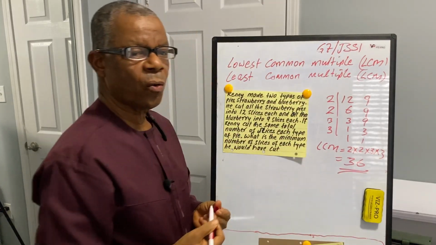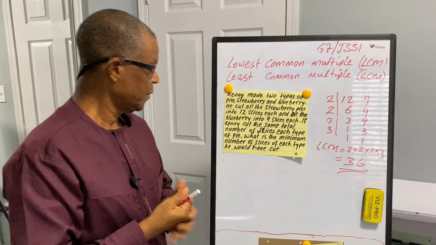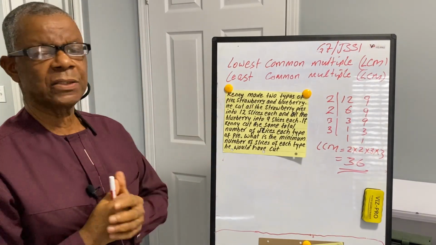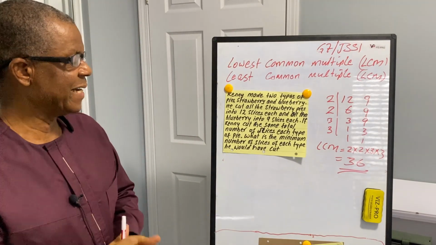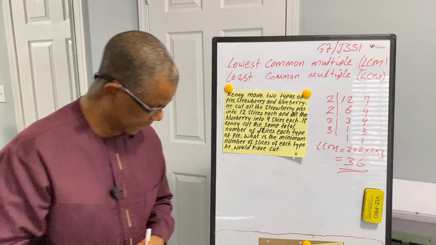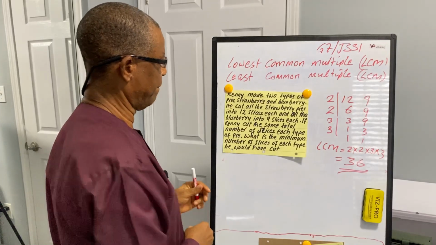That will be the lowest, or the minimum, or the least number of slices of each type Kenny will cut. This is our LCM, the word problem of this LCM. I do hope we are all following.